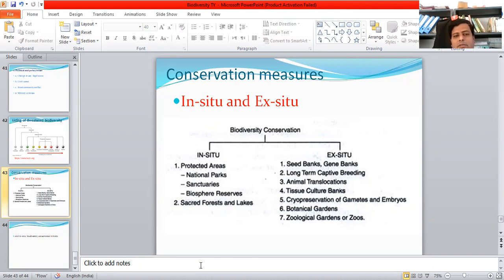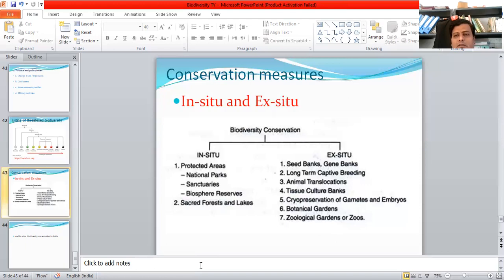Ex situ means off-site, or out of place. It is a type of conservation which is off-site. It is a set of conservation techniques that involves the transfer of a target species away from its native habitat, meaning it is removed from the forest.